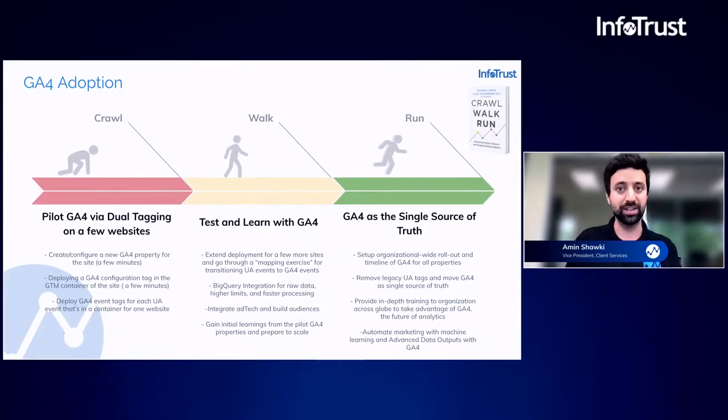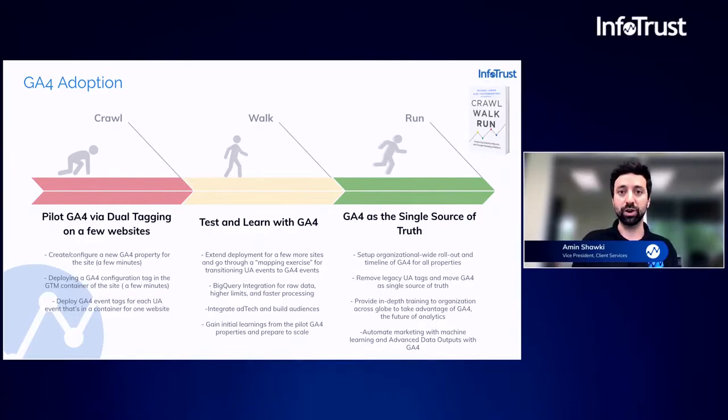So to somewhat summarize the section here, when we talk about GA4 and all these capabilities and how they can help you be more durable in the future, we often get asked, how do I start? We've invested so much time and energy and rely on our current reporting and measurement. So what are the steps to actually get up and running and adopt GA4 for your business? We like to break it out in this model of crawl, walk, run.